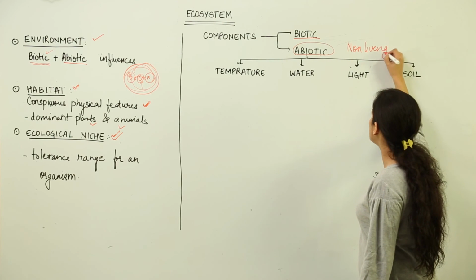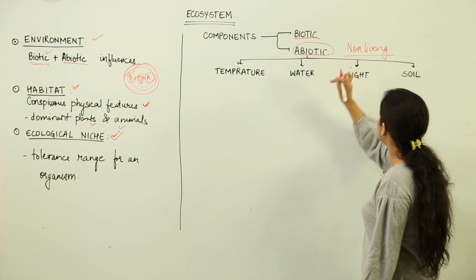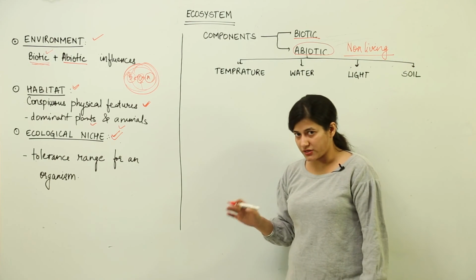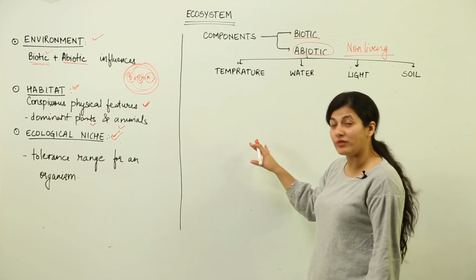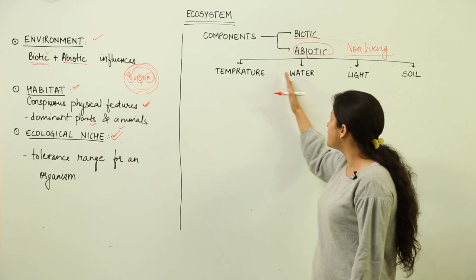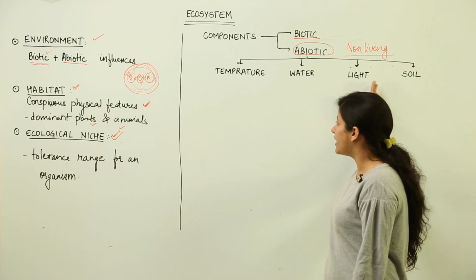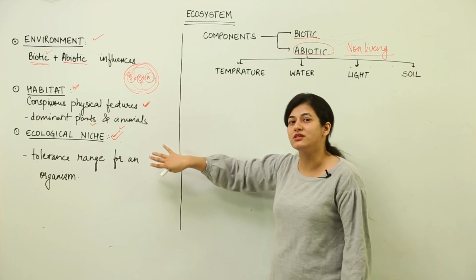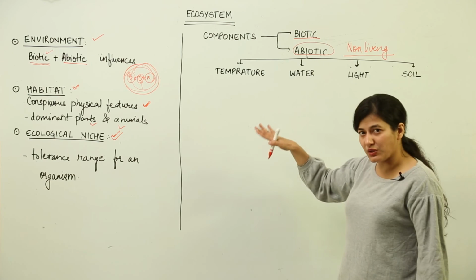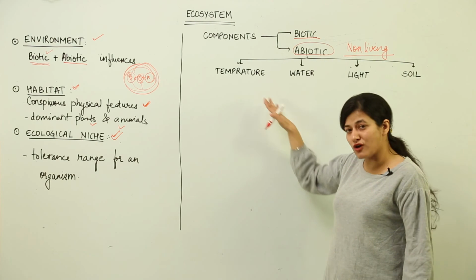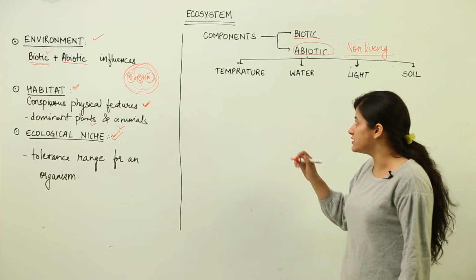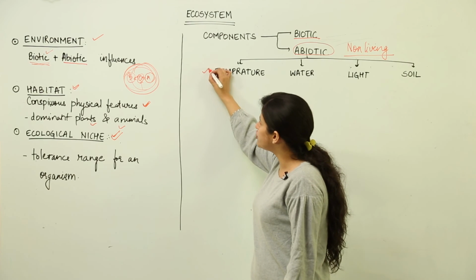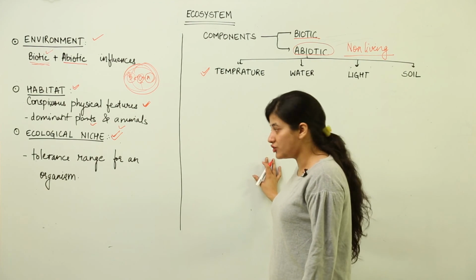Means they would be devoid of life. That is the simplest way I can explain abiotic. But when we have to understand it from the ecosystem point of view, there are 4 different components which are abiotic, and they contribute and influence an organism's survival. That means we are discussing environment over here. So we will discuss those components which are going to influence the organism basically. First one happens to be the temperature for that given region.